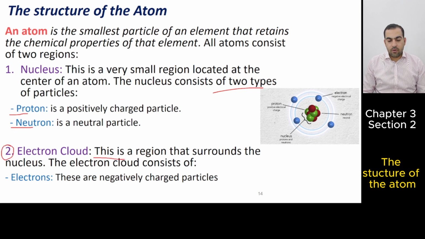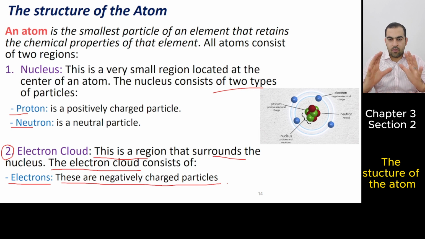The electron cloud. The electron cloud is a region that surrounds the what? The nucleus. And the electron cloud consists of what? Electrons. Electrons are negatively charged particles. Okay? The electron cloud is the region that surrounds the nucleus and the place where we can find electrons.